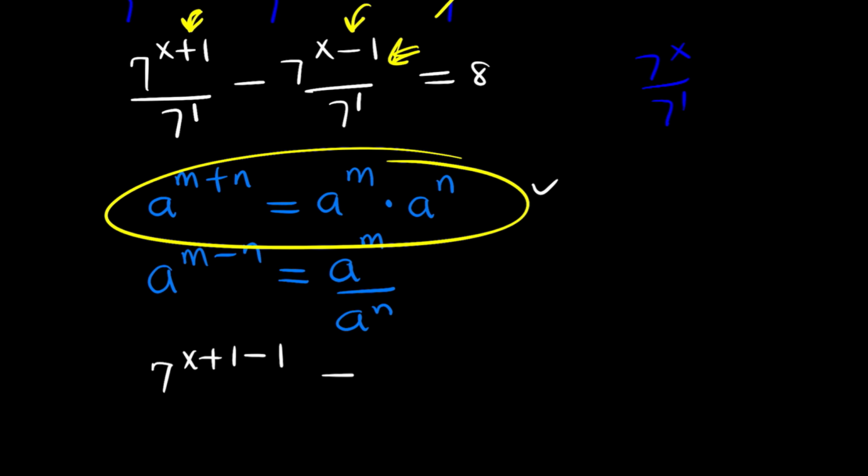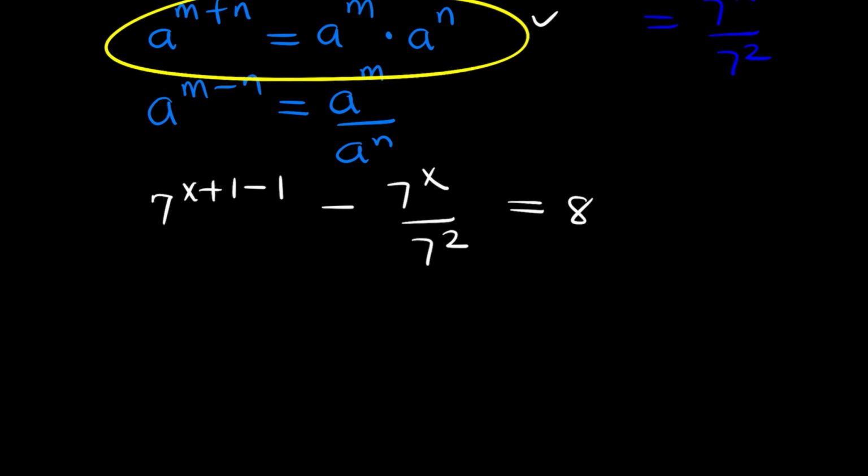But we already have a 7 raised to power 1 at the denominator, so this makes it 7 raised to power x divided by 7 raised to power 2. So meaning that the second expression will now be 7 raised to power x divided by 7 raised to power 2 is equal to 8.